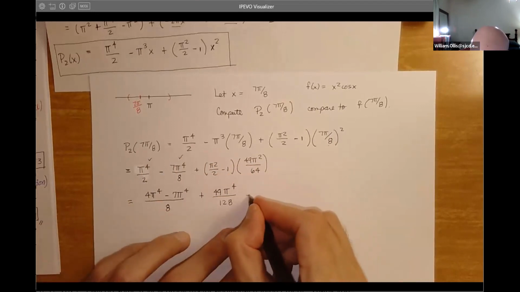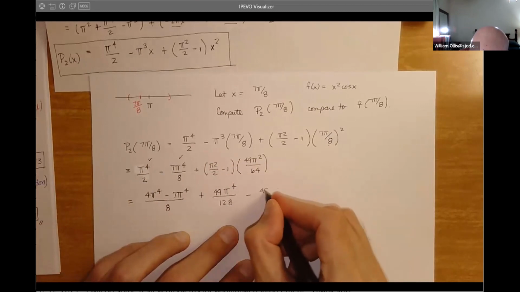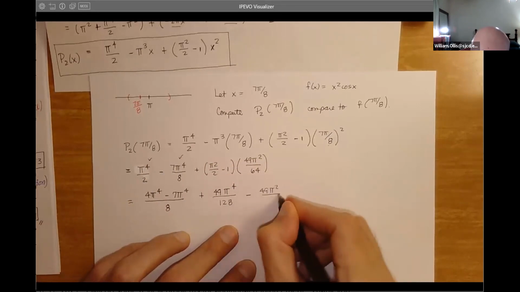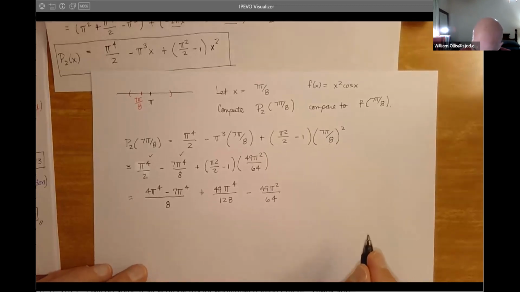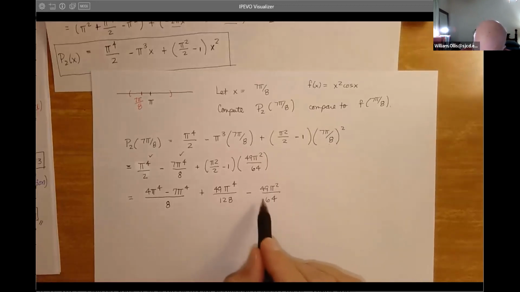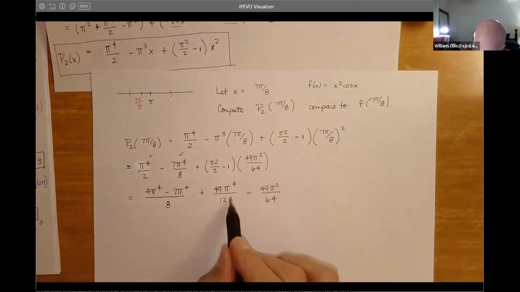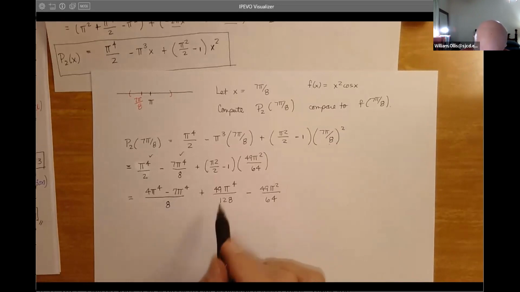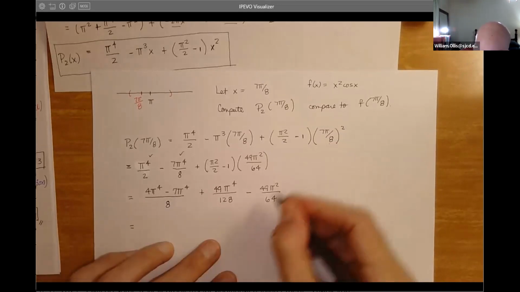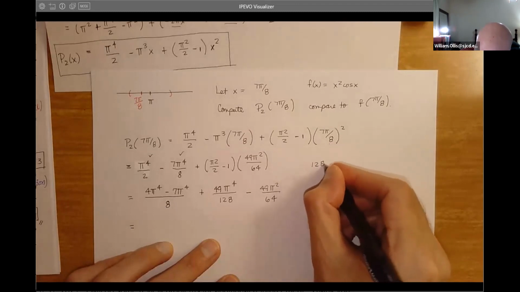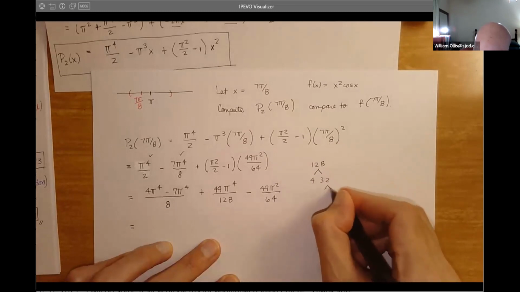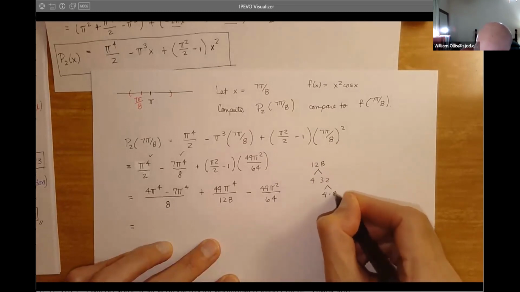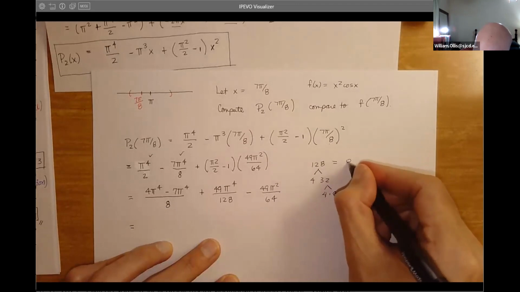And then minus 49 pi squared over 64. So lo and behold, we get a bunch of beautiful numbers. Now, of course, this is kind of out by its lonesome, but this is the same type as this, so we can add these. And now notice, just do a little factor tree. We can do 4 and 32, and then 4 and 8. So this will just be 8 times 16.